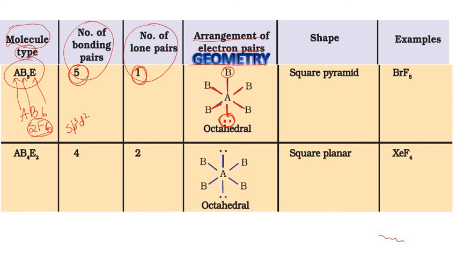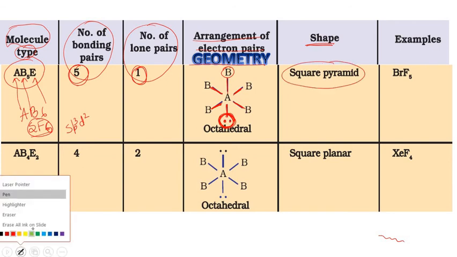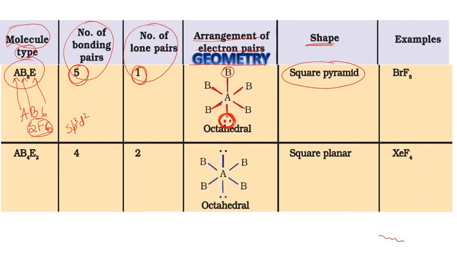And because of the presence of the lone pair, the shape of the molecule is distorted, and that shape is called a square pyramid. And as I have told you, when it comes to shape, we are supposed to close the lone pair. If I close the lone pair with the help of paper or the thumb, then the remaining part is this part, and this part is nothing but a square pyramid.